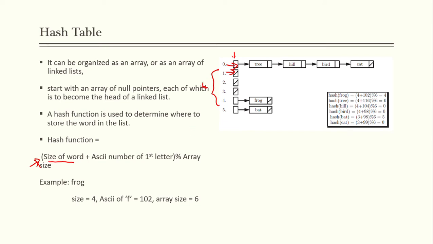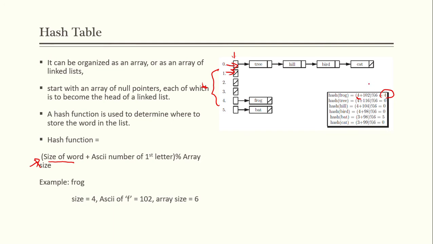For example, I take the word frog. What is the size of frog? The size of the word frog is 4. The ASCII number of F is 102. The array size is 6. So the calculation would be 4 plus 102, divided by 6, and you take the remainder. In this case, the remainder is 4.